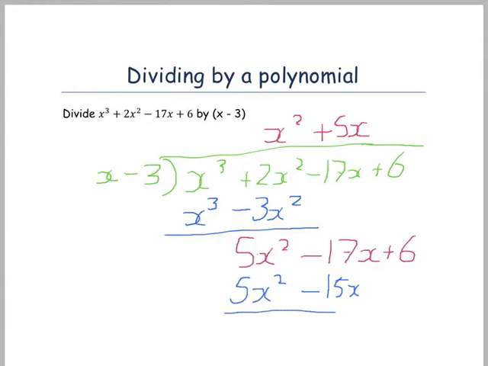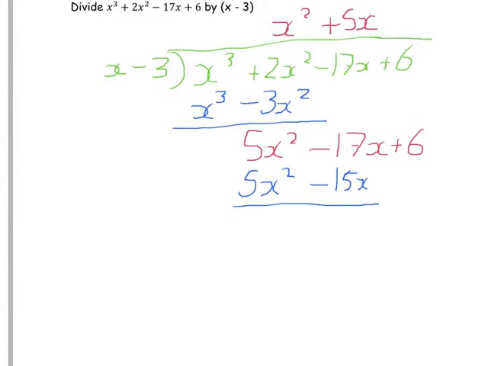And we subtract like we did before. 5x squared minus 5x squared is 0, but minus 17x minus minus 15x is equal to minus 2x. I'm going to bring down the 6 again.